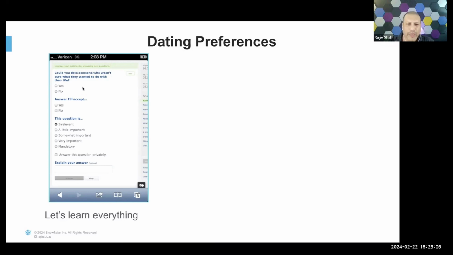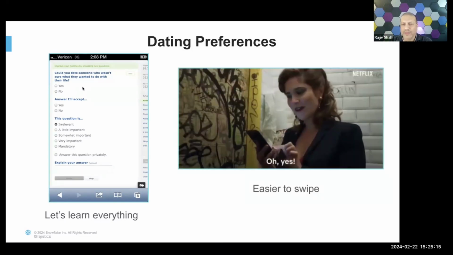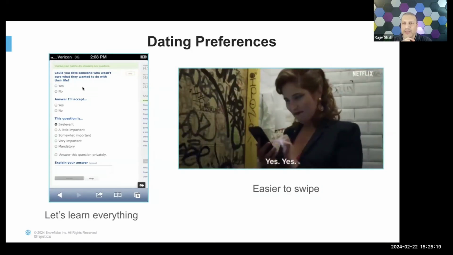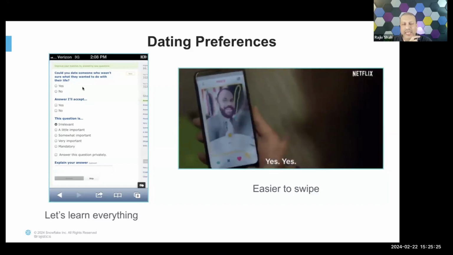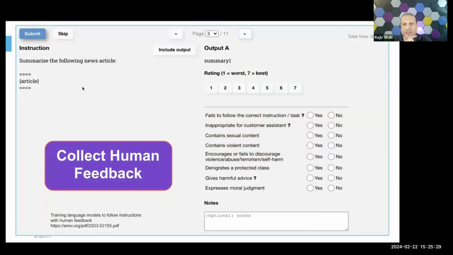So that was the way it was done in the past. But if you look at how people are dating now, the modern approach is very different. Just swipe, right? Thumbs up, thumbs down. That's how we collect who's likely to be a good mate or not. Well, researchers have taken the same idea to help us with this preference problem with large language models, where they collect human feedback.